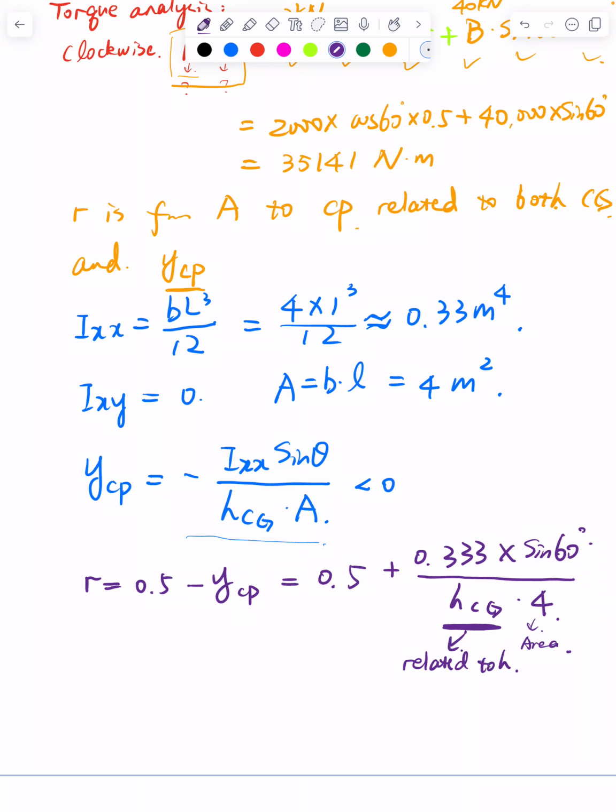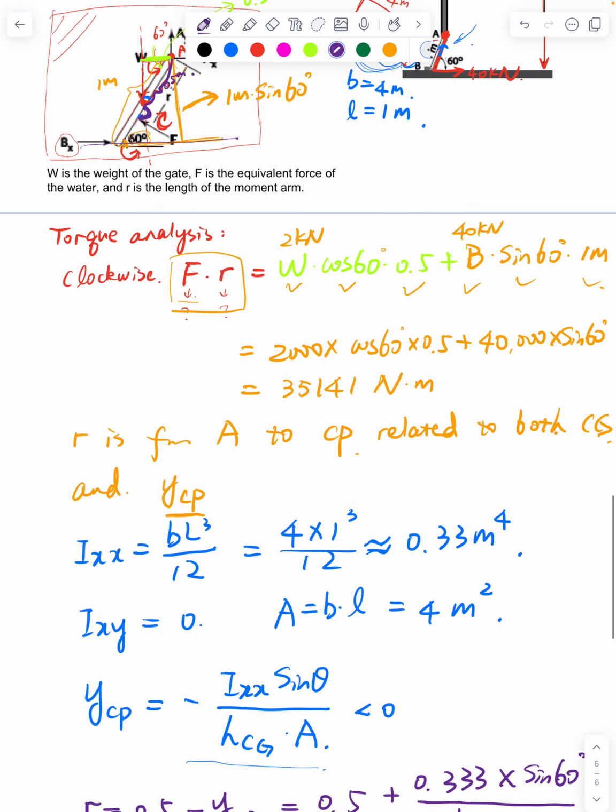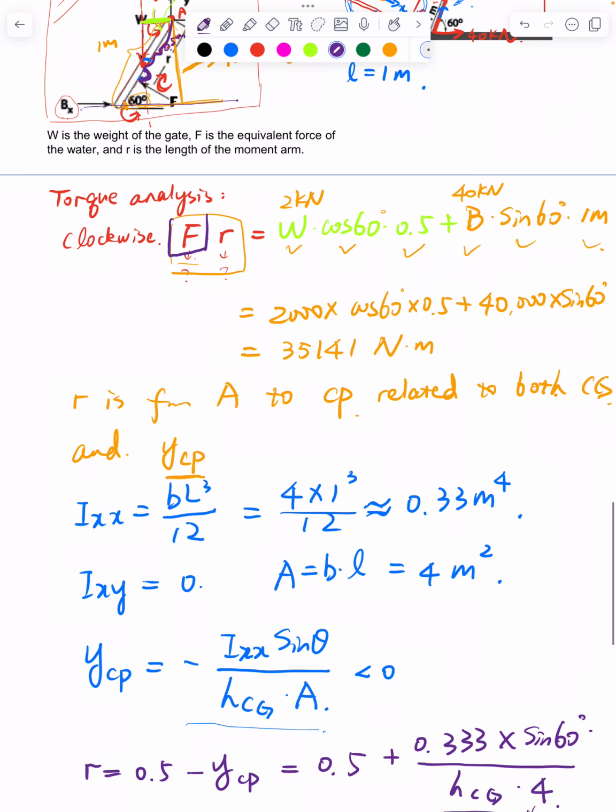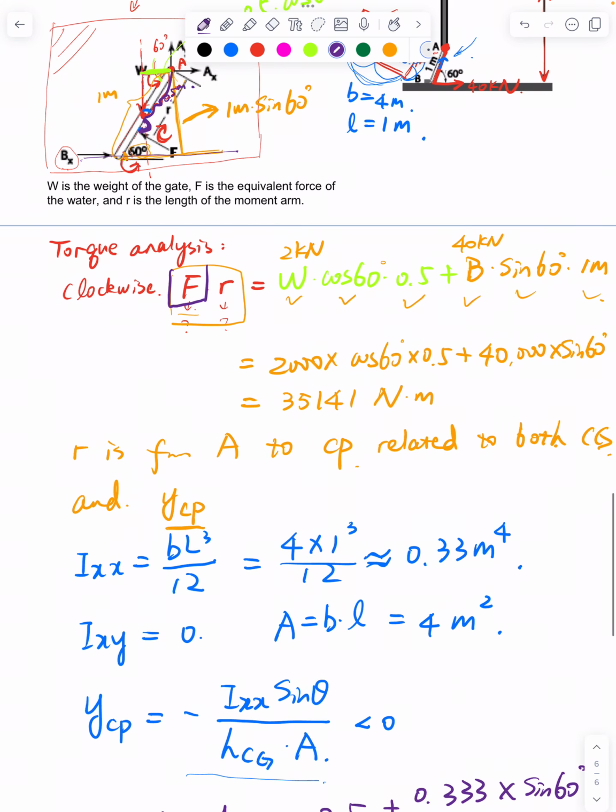How is HCG related to H? Because when we calculate F, the total force, we still need HCG. F should equal PCG multiplied by A, or equal gamma HCG multiplied by A, right?